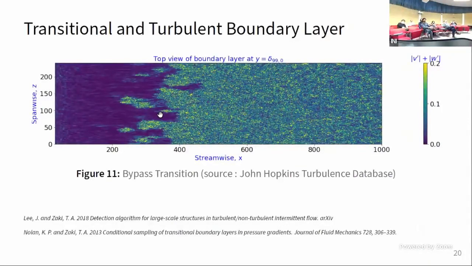In between there is an emergence of these turbulent spots, and as they propagate in space and time, not only do the spots become bigger, but two or three spots can come close to each other, and then the whole flow eventually becomes turbulent. This is a bypass transition simulation done by the group led by Professor Zaki at Johns Hopkins, who helped me out with his data to play with.